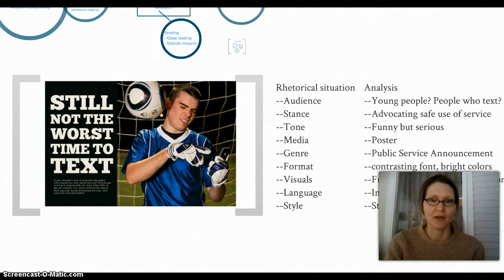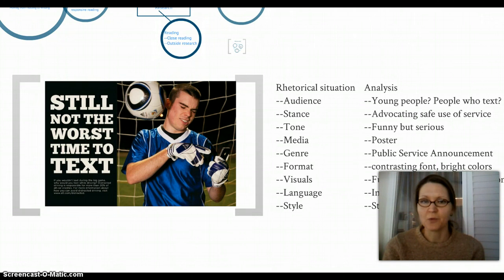That should tell you something about the authors. It seems kind of odd that they would care about this, right? Maybe not. Why would AT&T care about this? Anyway, their perspective on this is to advocate for the safe use of the service that they provide.